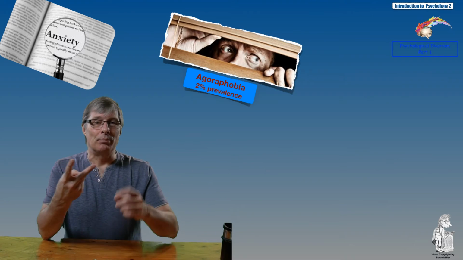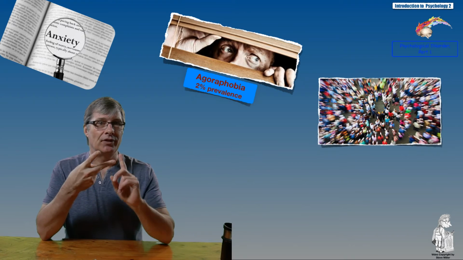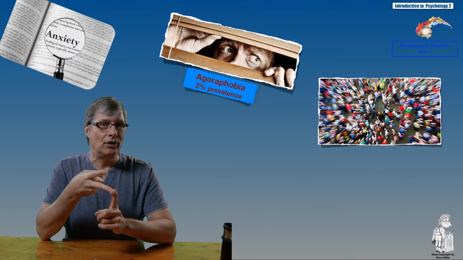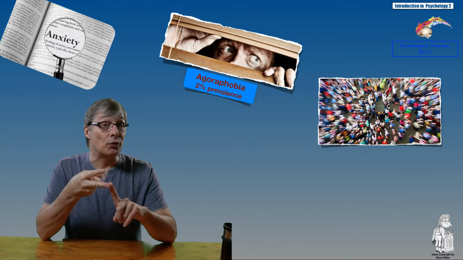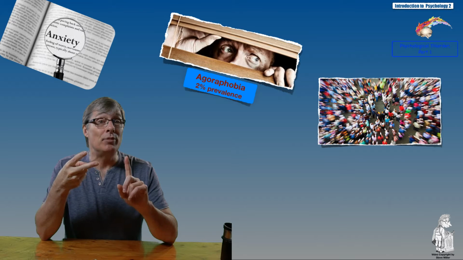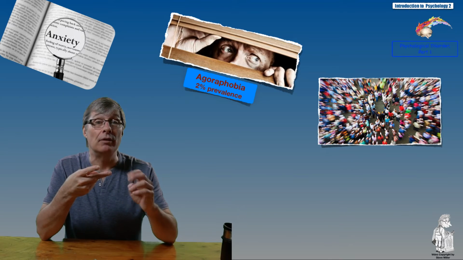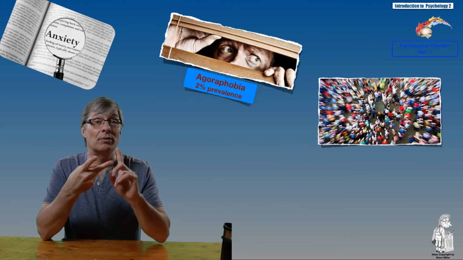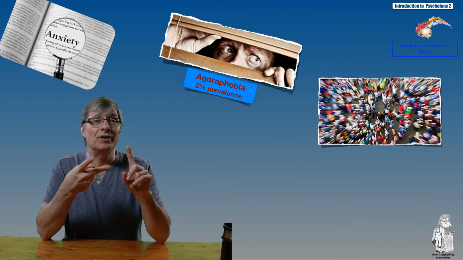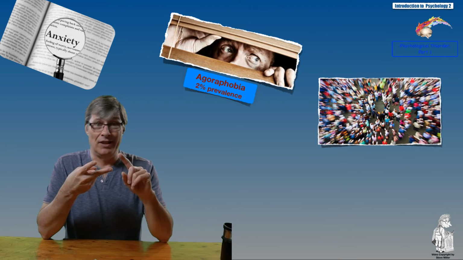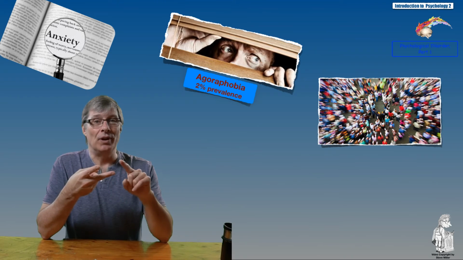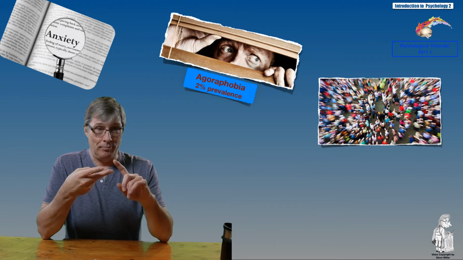So agoraphobia is the first. Second class is social anxiety disorders. And here it's the fear of social situations in which one might be embarrassed or humiliated by appearing clumsy, foolish, or incompetent. Now, it's important to note the person isn't necessarily doing things inappropriately, wrong, or clumsy.